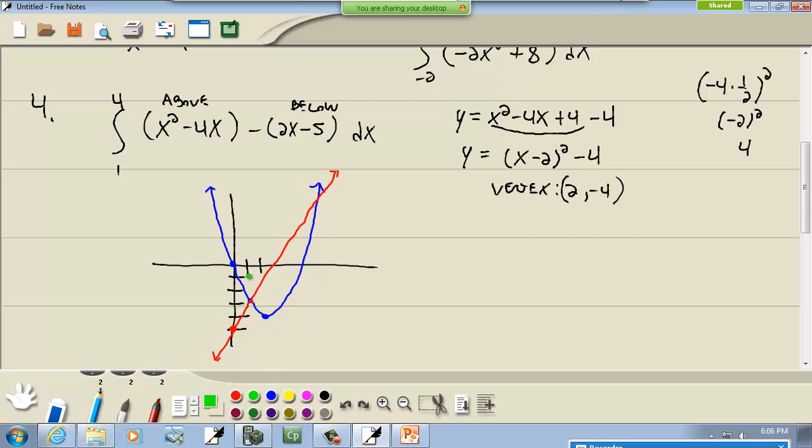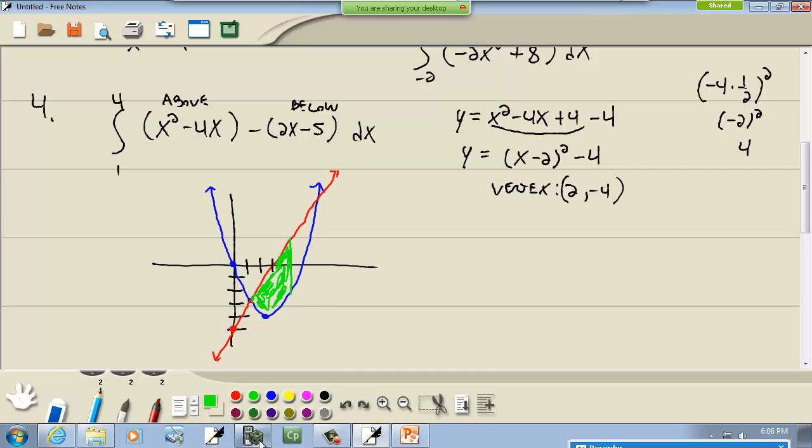So here's my 1. 1, 2, 3, 4. So there's 4, and here's 1. So our shaded region would be this right here. That's what we're trying to find.